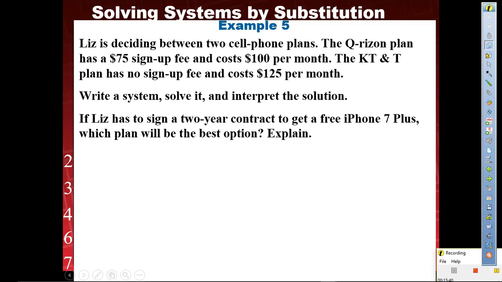It's another company, KT&T. Oh my goodness. Just write it down. That's the best company right there.